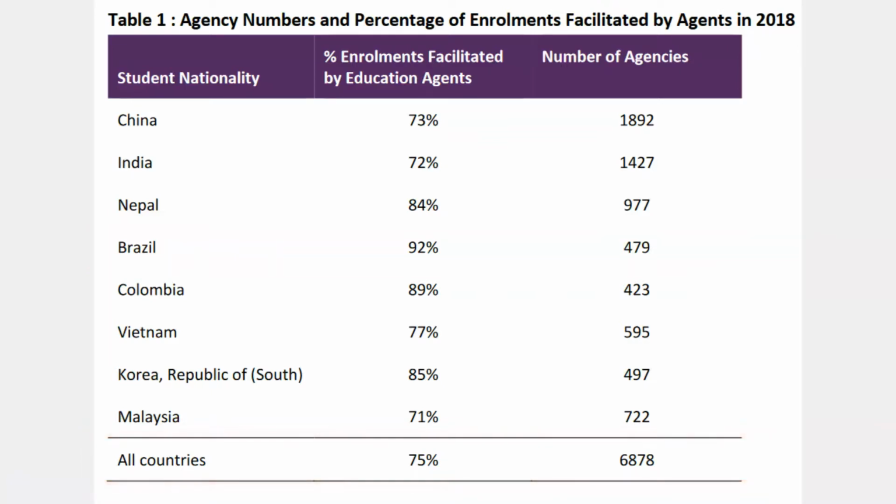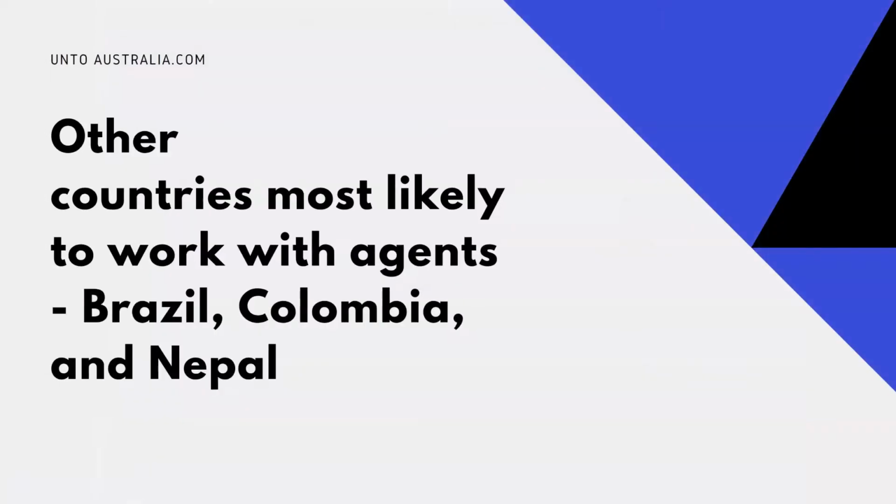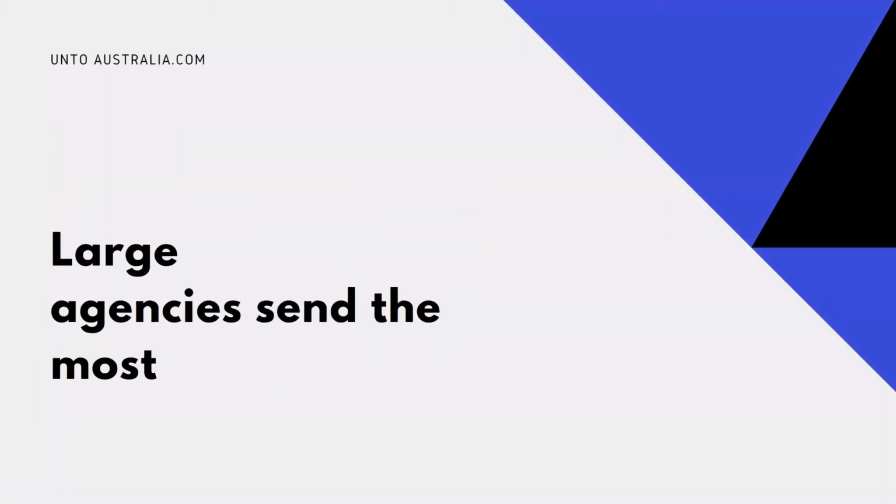And interesting, the number of agencies in the world that were associated with sending students to Australia is nearly 7,000. Other countries that were most likely to use agents were Brazil, Colombia, and Nepal. Another statistic is that larger agencies tend to send the most students.